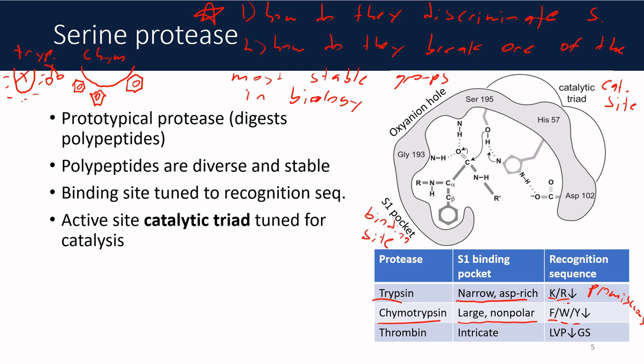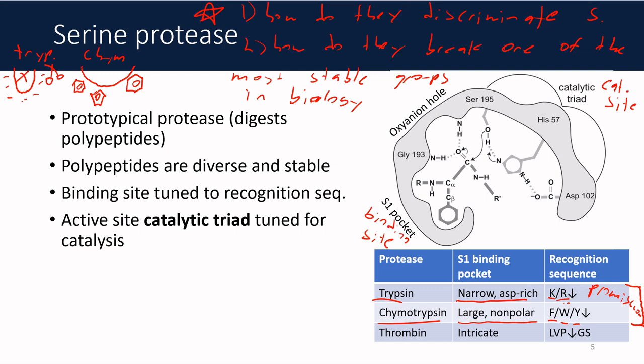Its recognition sequence is F/W/Y, and then you cut the bond right after that. Anytime we see one of those residues, we're snipping that peptide right there. So hopefully you can appreciate why having a promiscuous binding site suits the design of the digestive enzyme, whose goal is to chop anything down into small pieces.